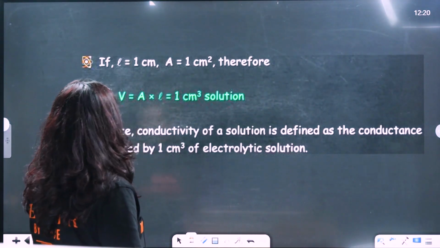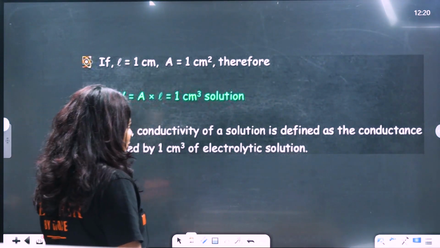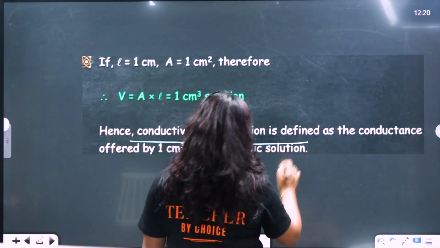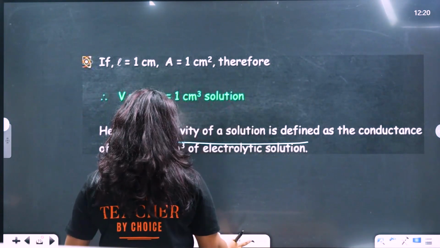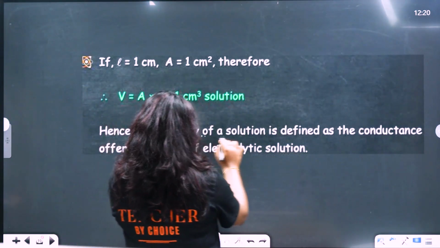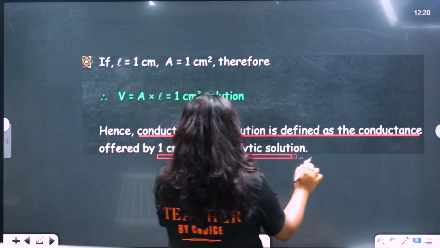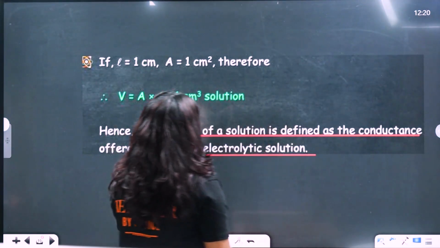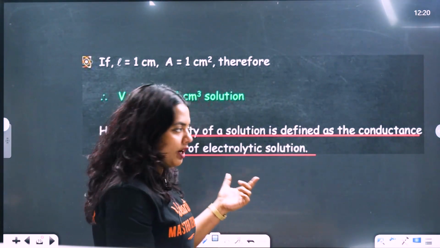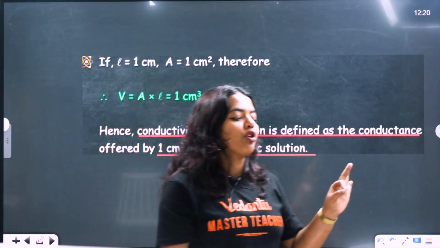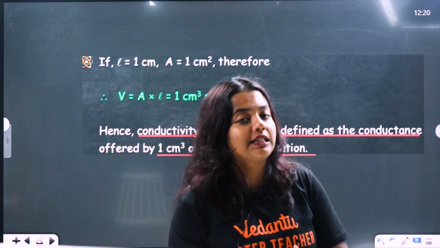Similarly, if you take everything as 1, the volume will be 1 centimeter cube. So the conductivity of the solution is defined as the conductance offered by 1 centimeter cube of electrolytic solution. So at this 1 centimeter cube volume, the conductivity and the conductance are the same. At 1 centimeter cube volume, the resistivity and the resistance are the same.